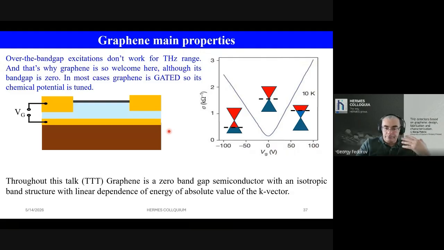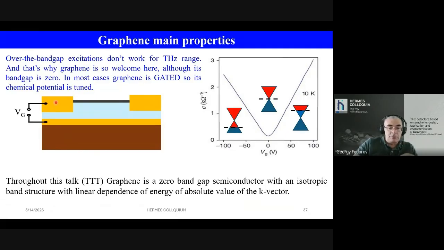So let's talk about graphene for a little bit of time. Graphene is a zero bandgap semiconductor. This shows the graphene band structure, the dependence of energy on wave vector. An important thing is that we can shift the Fermi level by simply applying voltage to a circuit in which graphene is embedded. This line here is graphene, this blue medium is dielectric, and these yellow things are electrons.